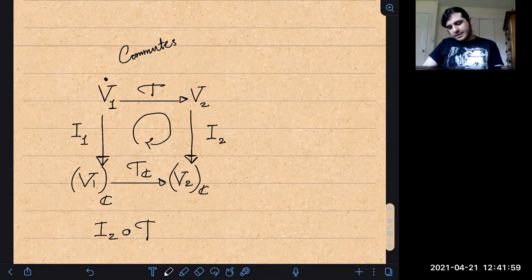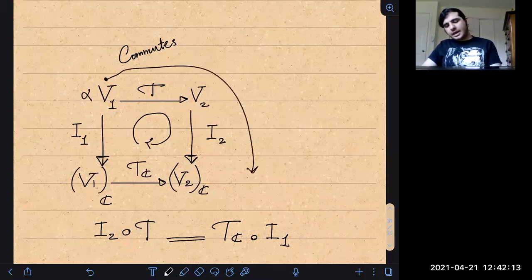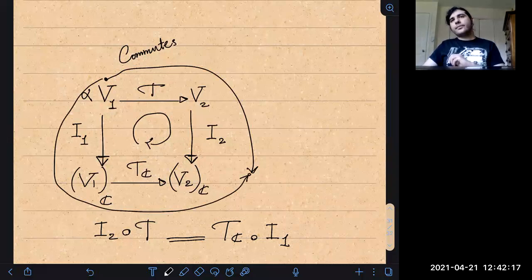So that is TC composed with I1. And the fact is that these two maps are equal. So if you start with an element in V1, it doesn't matter which path you take, you end up at the same point. That's what it means to say this diagram commutes. And that's correct for complexification and these inclusion maps.